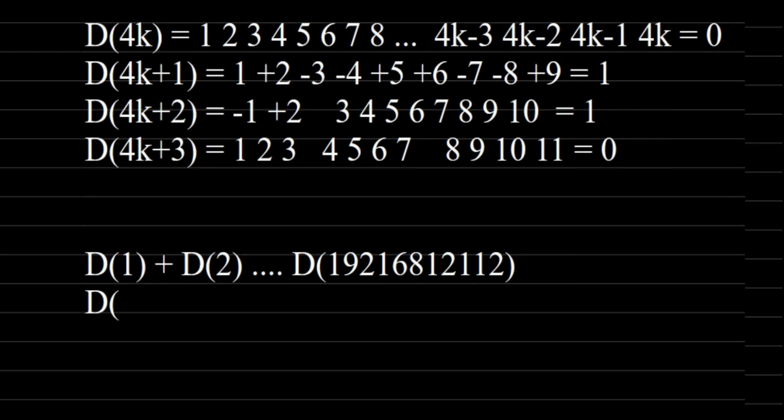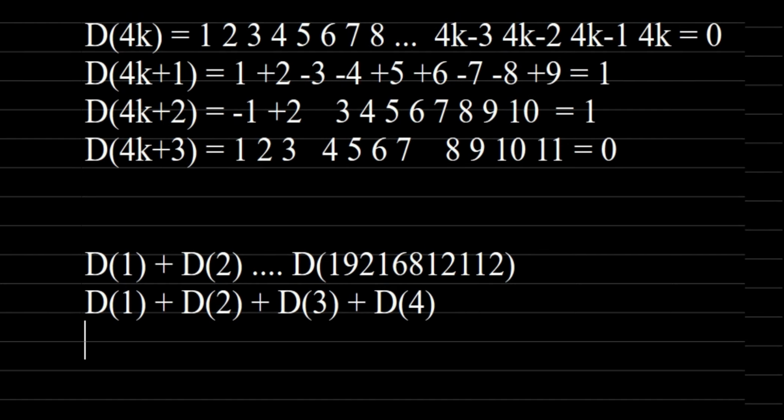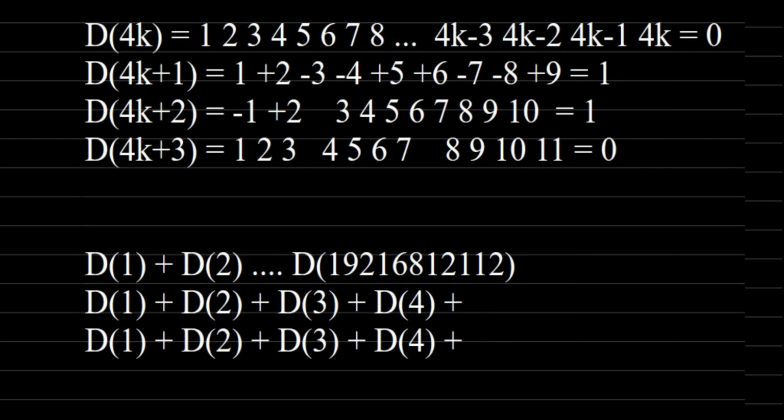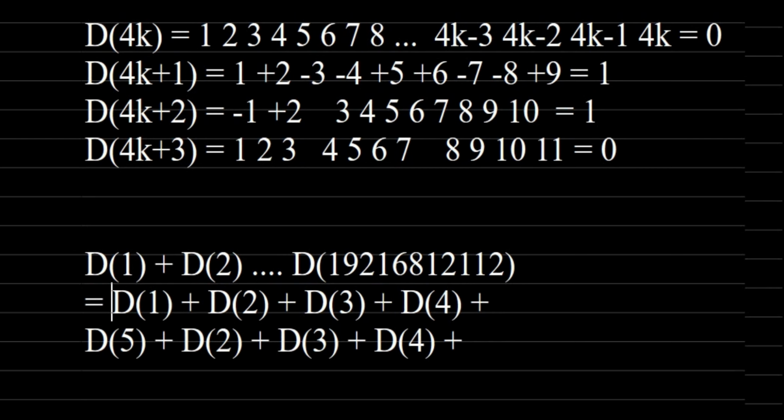D of 1 plus d of 2 plus d of 3 plus d of 4. After that the sum would be 5, 6, 7, 8. So we know 1 is of the form 4k plus 1, 2 is of the form 4k plus 2, and so on.